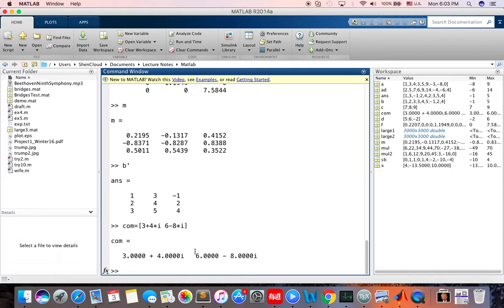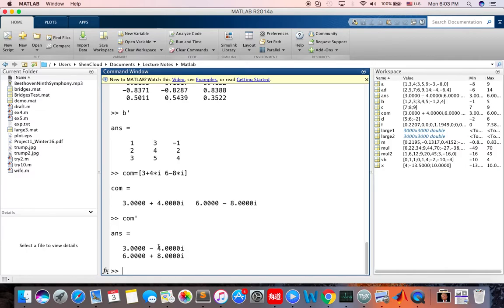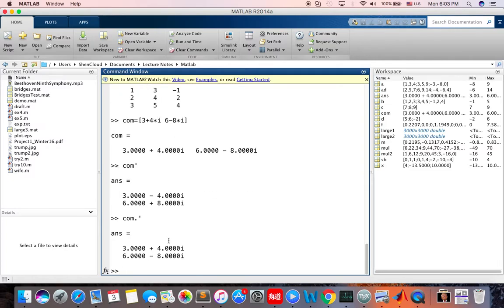So that's the 1 by 2 matrix. And if you only use prime, it is the conjugate of the transpose. And use dot prime, that's the transpose without the conjugate. So that's the difference between prime and dot prime for complex matrices. But for a real matrix, these two operations are equivalent.